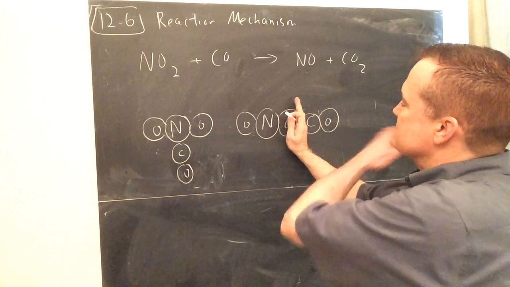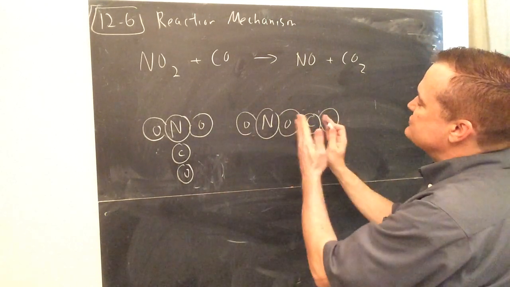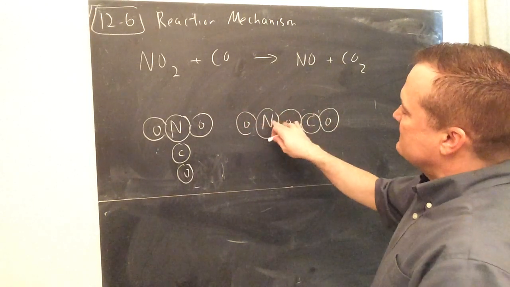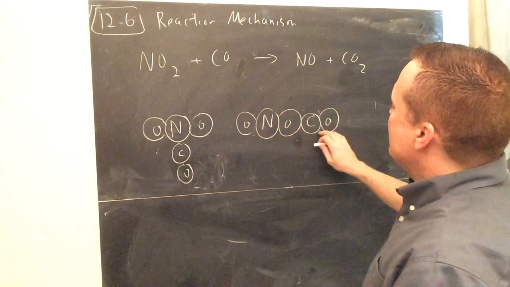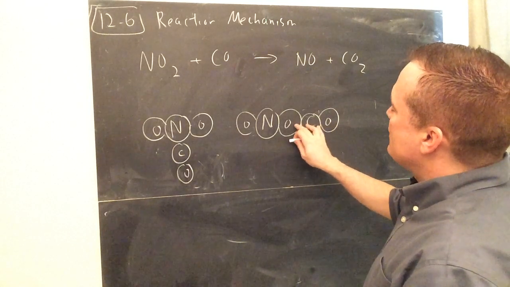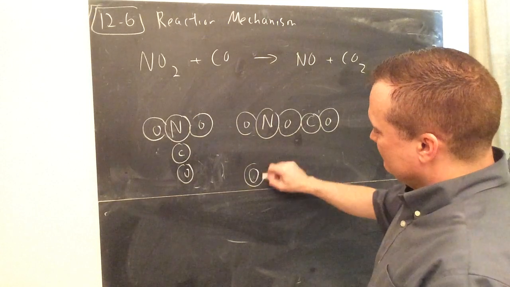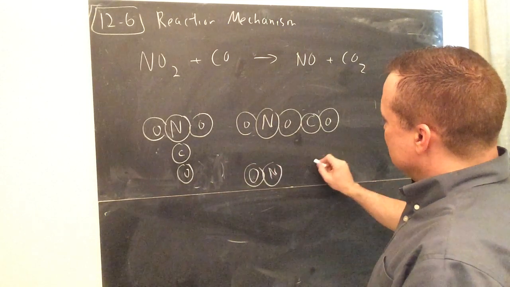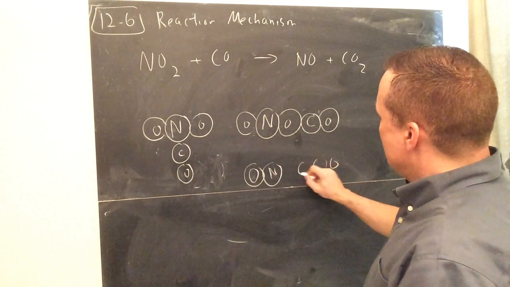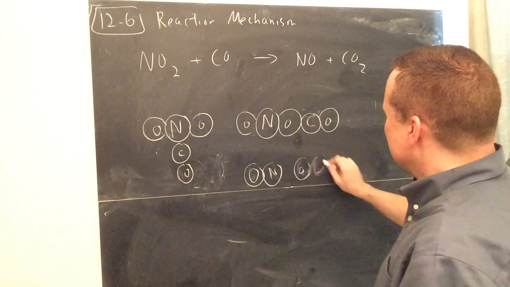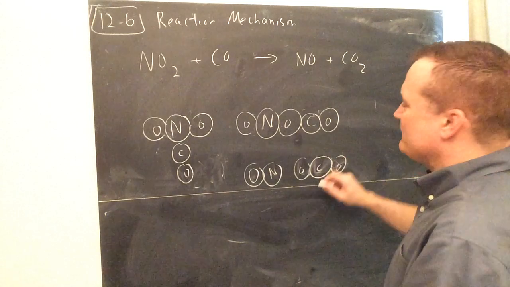It needs to strike sufficiently enough so that, first of all, it weakens all these bonds, so that the NO could break apart, and also so that it will be strong enough to attract right here. Then it can break off the NO to give you the CO2. Trying to draw this. Hopefully you can see that.